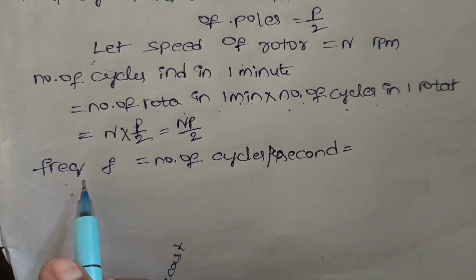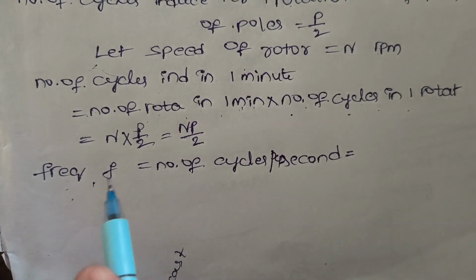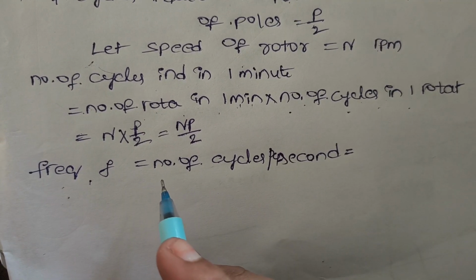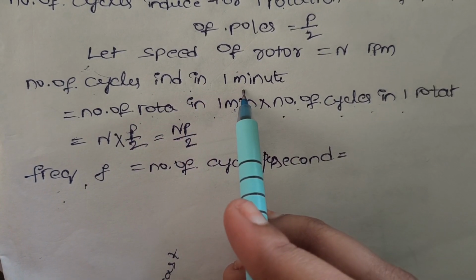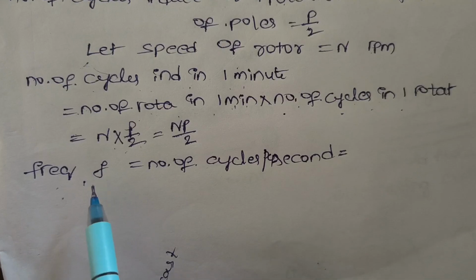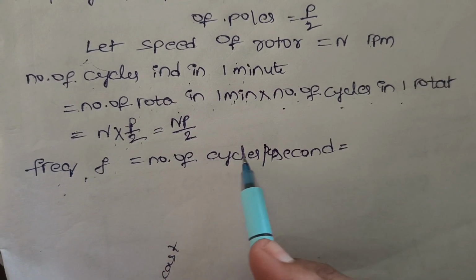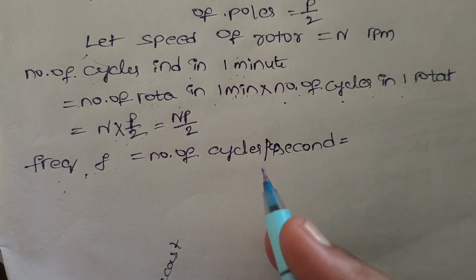We know frequency is the number of cycles per second. In 1 second, how many cycles are produced? Here the number of cycles in 1 minute equals NP by 2. For frequency, the number of cycles per second, the minute is converted into seconds.